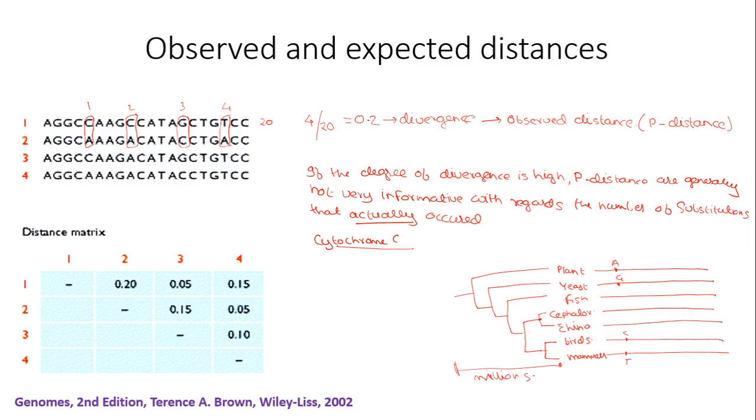That is what I want to say. Let me write this once more: the differences that we observed in these sequences are not the same as the number of changes that have actually occurred during the evolutionary history.